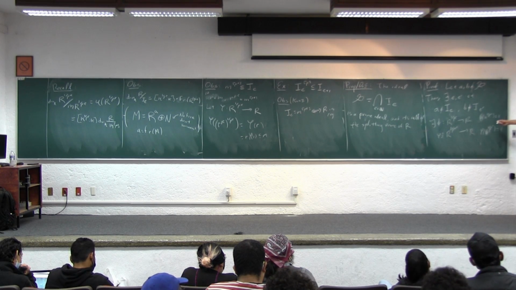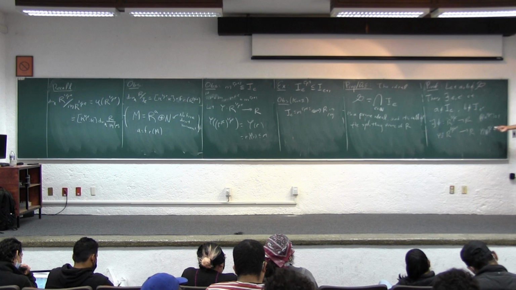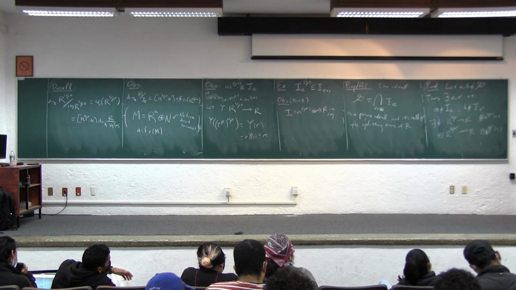Because we know that not being in the maximal ideal is pretty much equivalent to having something that sends this to 1. Are we good so far?